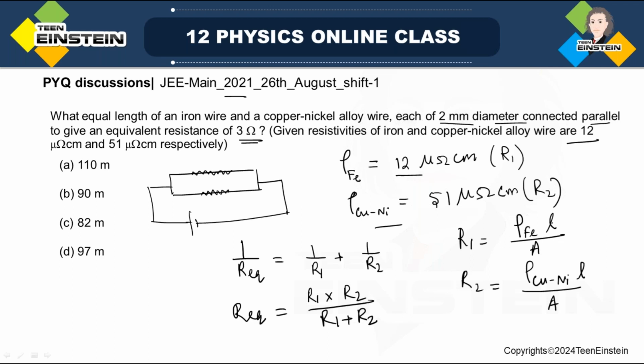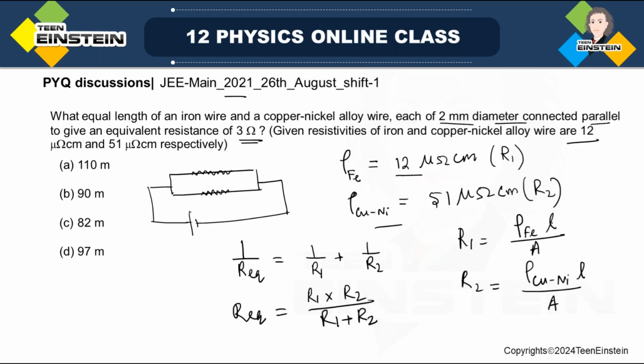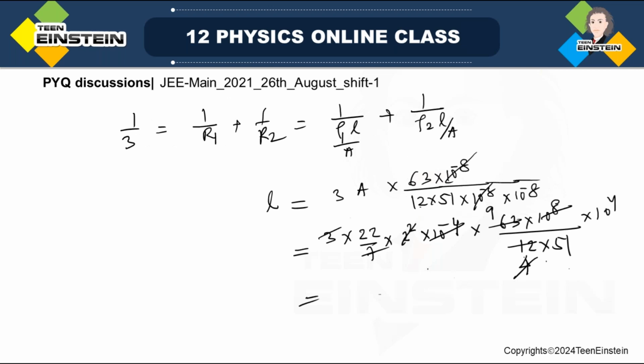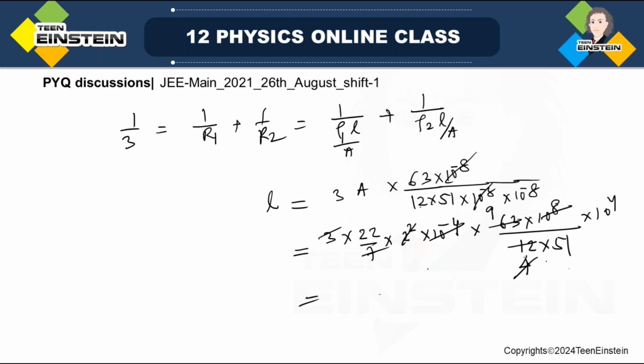Nothing else. Copper wire. This is given in ohm. Fine. Somehow I am missing one 9 over here actually. This is 9.